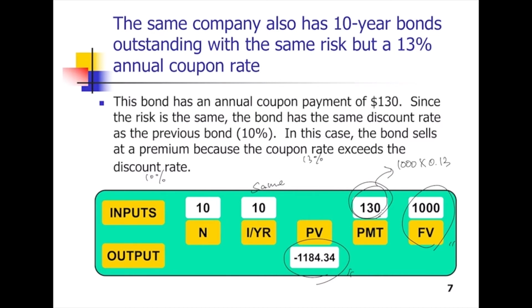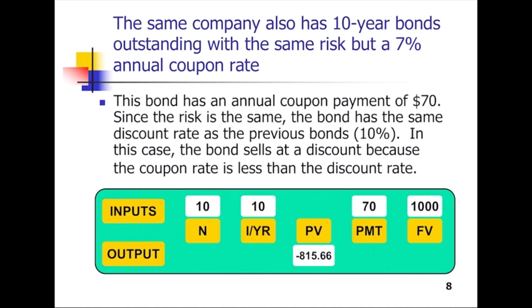It has some premium, so we call this type of bond a premium bond. In Korean, 할증 채권.